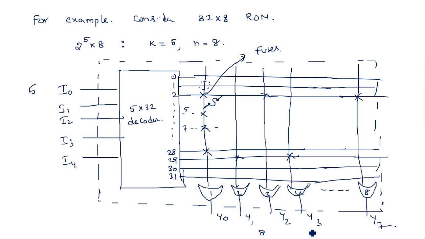But what is the size of the internal array? 32 horizontal lines and 8 vertical lines. The array size is 32 by 8. That means the data can be stored in 32 horizontal lines, and we can retrieve that data in 8 vertical lines. This is the size of the ROM.